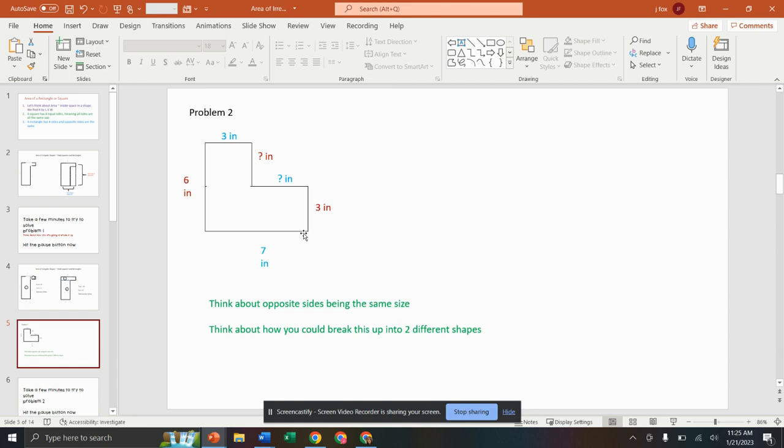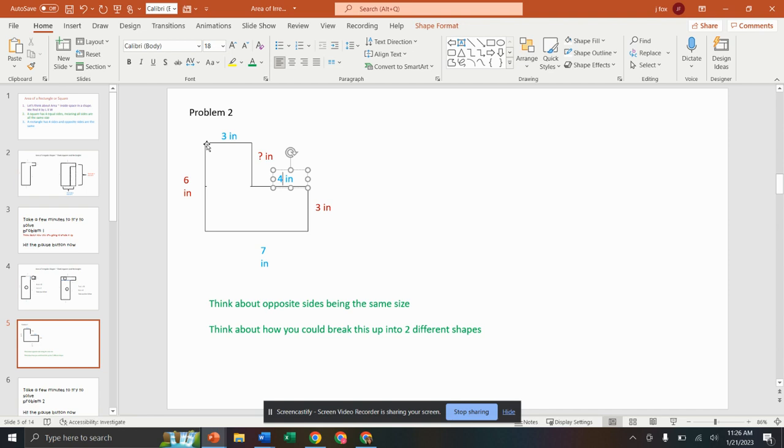Now again, I'm using different colors so I can see that these are my opposite sides, okay? So if this is 7 inches, my opposite has to be 7. So if this is 3, what does this side have to be, right? 3 plus what equals 7? It should be 4, okay?